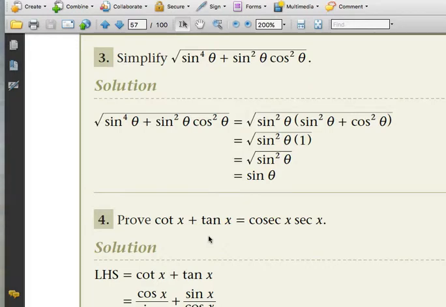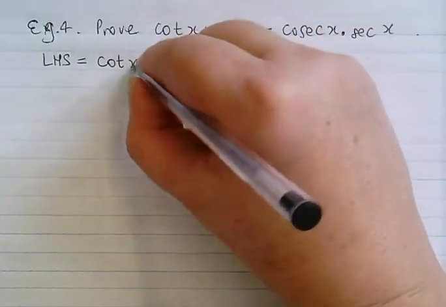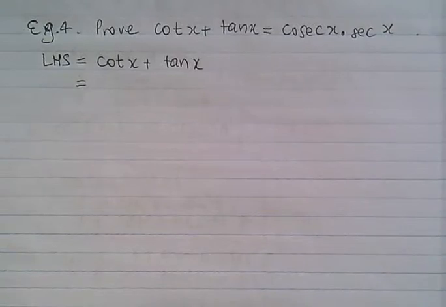Example 4, prove that cot of x plus tan of x equals cosec x times sec of x. So left-hand side, you always start off, this is how you need to set it out. The left-hand side equals cot x plus tan of x, which equals, what's cot x?